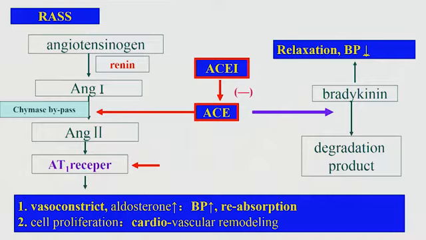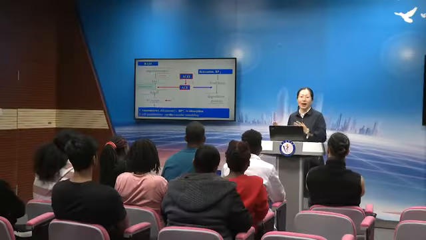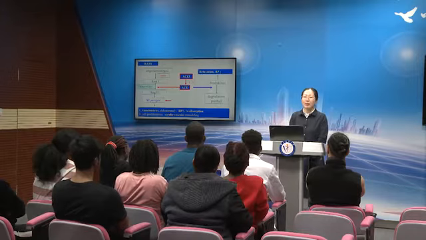We have known bradykinin is the strongest vasodilator, but we also know bradykinin is one of the allergic factors. So when we use ACEI, at the same time we will have side effects such as dry cough and allergic reaction. The main reason is that it inhibits bradykinin degradation.